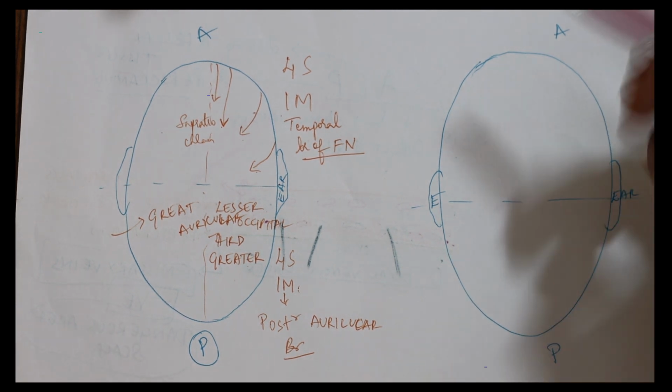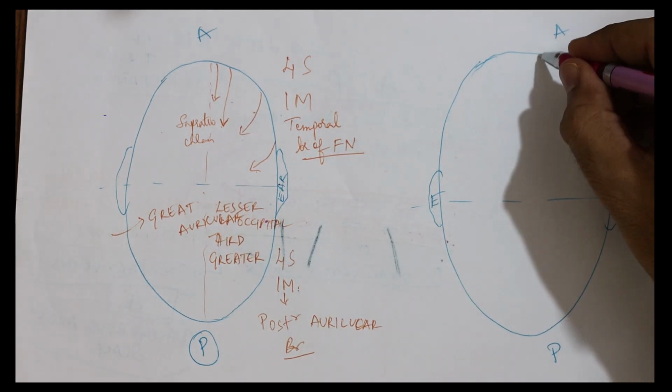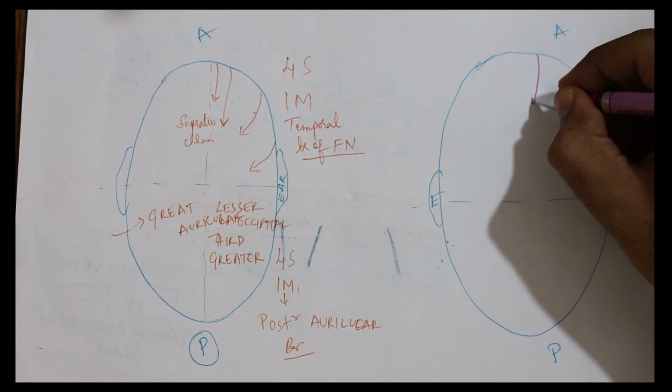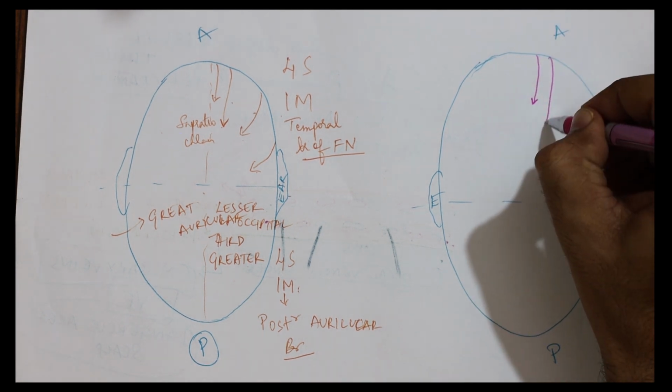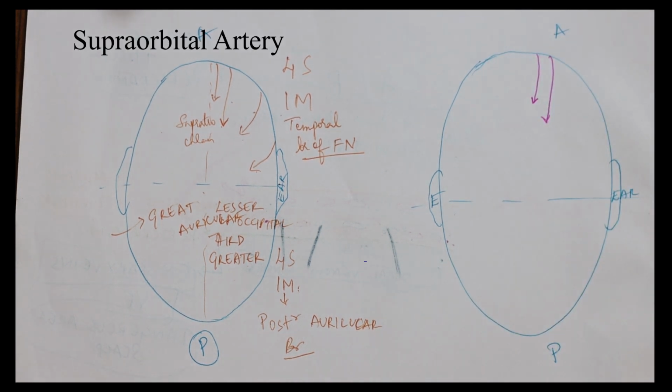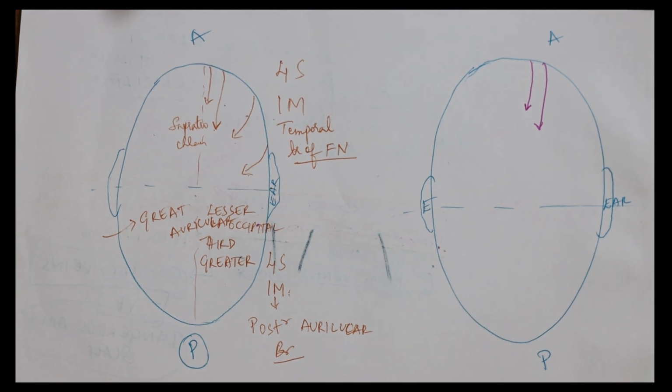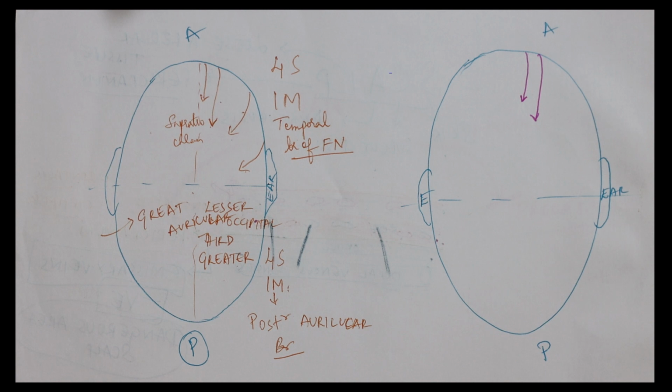In the anterior part, along with the nerves of the same name, there will be an artery called the supratrochlear artery, and next to that an artery called the supraorbital artery. Both these arteries are branches coming from the ophthalmic artery, which is again a branch of the internal carotid artery.